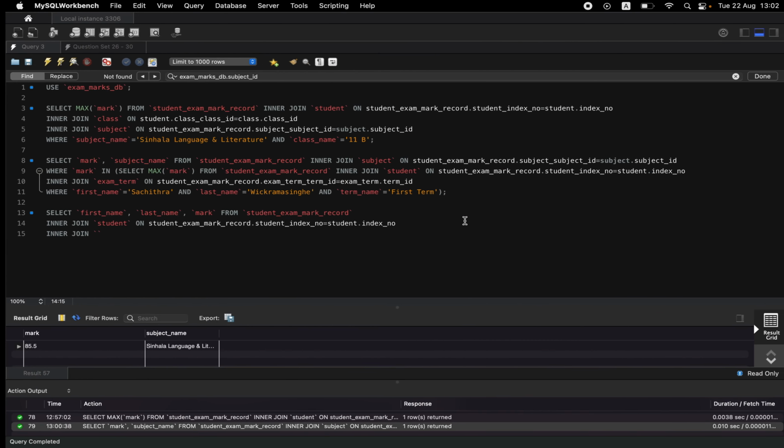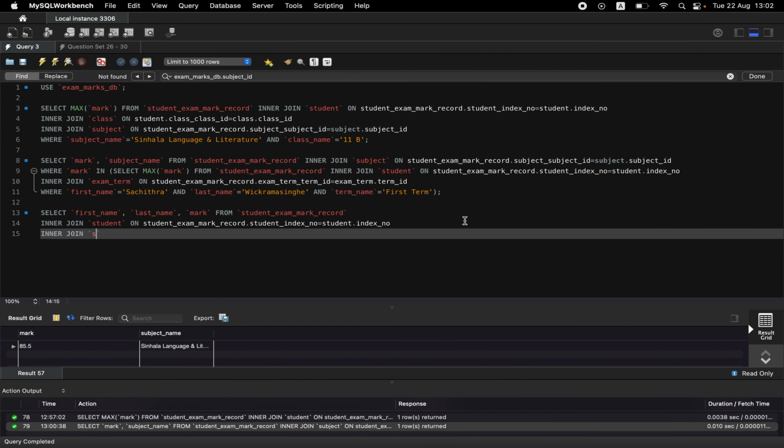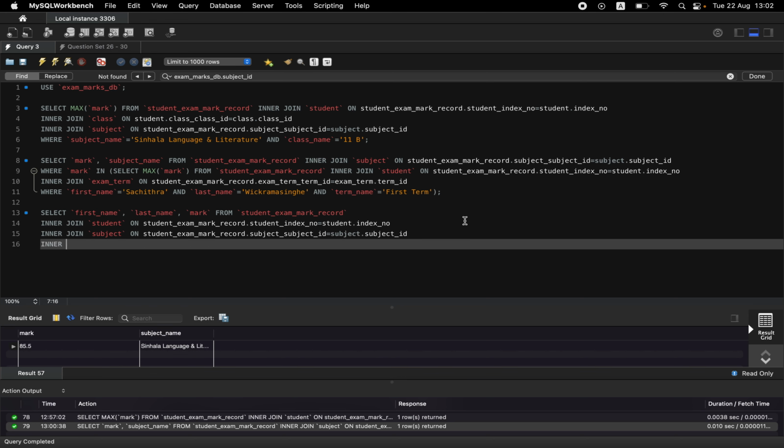we need the subject and the exam term table as well. Subject on student exam mark record dot subject id is equals to subject dot subject id and inner join again to get the exam term table.